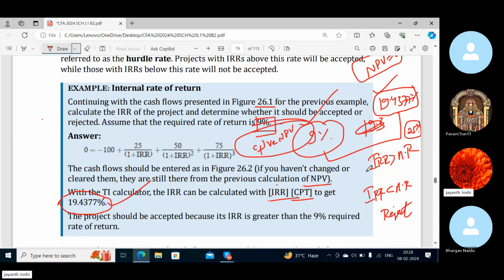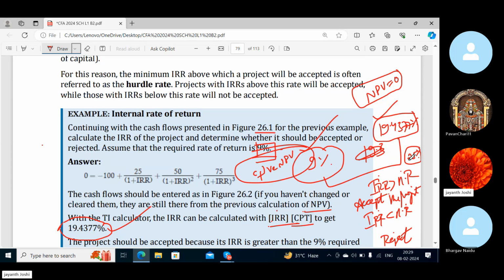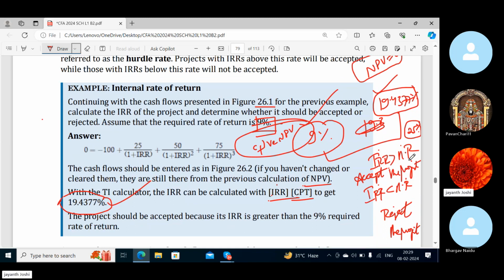So IRR more than hurdle rate, accept, because here your hurdle rate can give you positive NPV, as IRR is giving 0. Here your hurdle rate will give you negative NPV because IRR will give 0. So reject the project. You should understand in this way. IRR below this rate will not be accepted. Just a second.